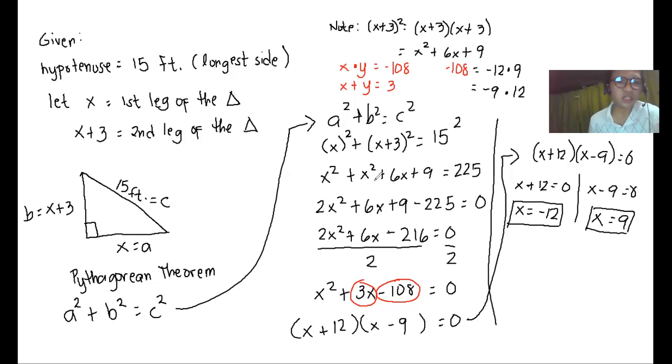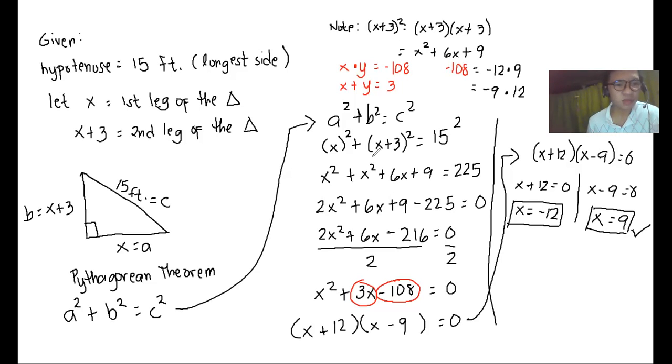So the question is, what value of x will we consider for this problem? Like on the number 3 problem, we will consider the positive answer. So we will get x equals 9, since again, there is no such thing as negative distance.